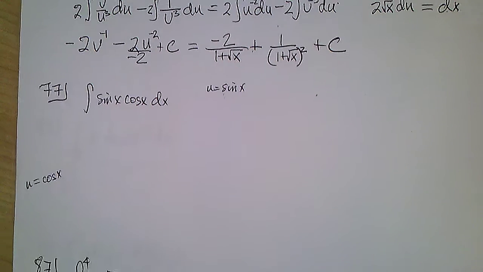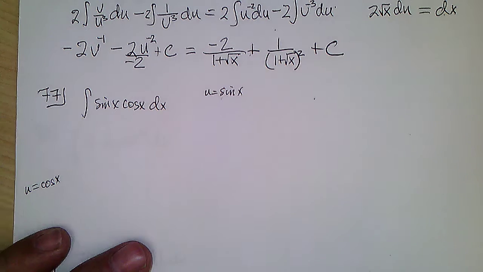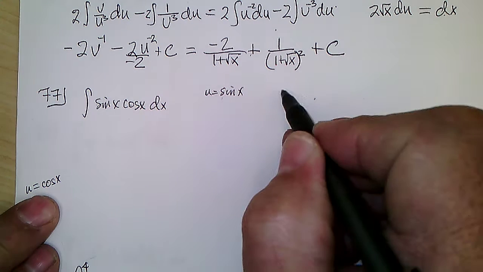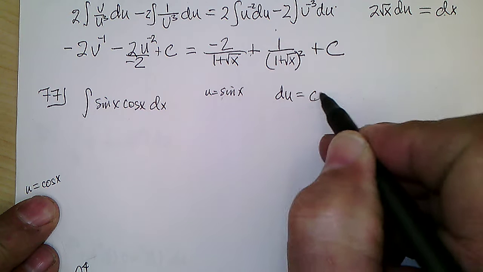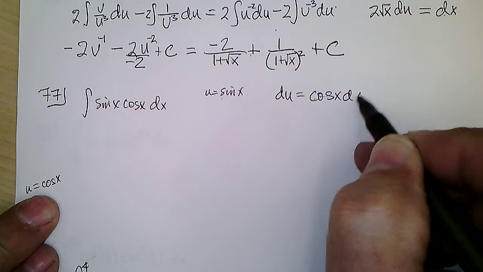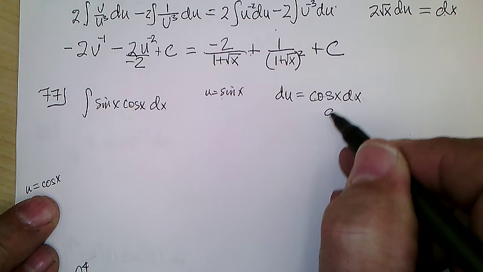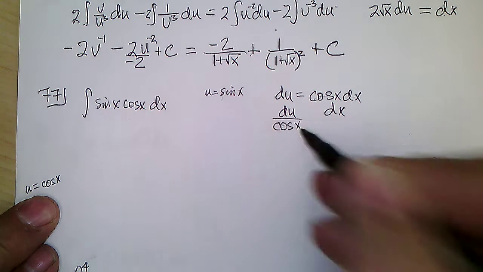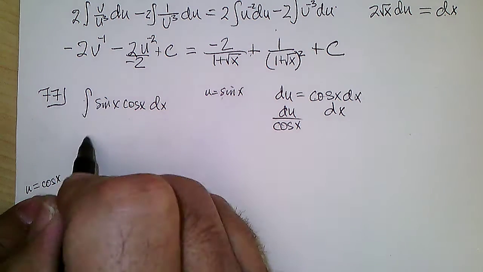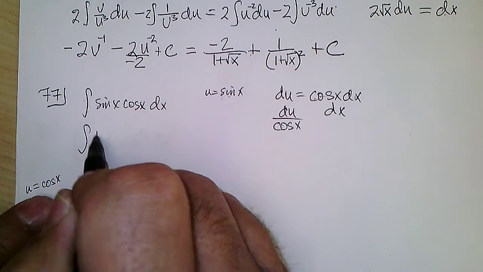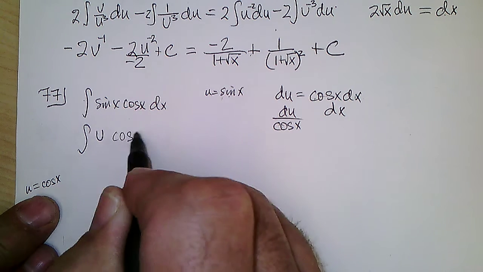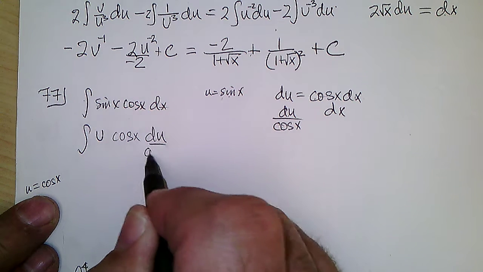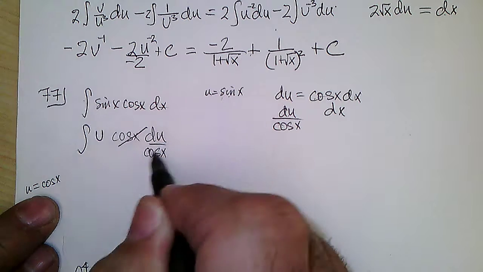They said, do this, letting u be sine of x, and then let it be cosine of x. So if u is sine of x, du would be cosine x dx. So I would replace dx with du over cosine x. So this would become the integral of u cosine x, dx would be du over cosine x.